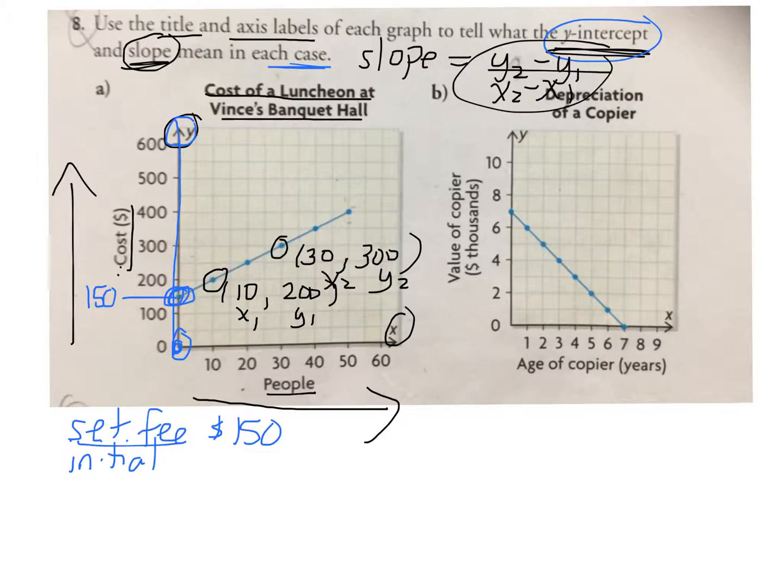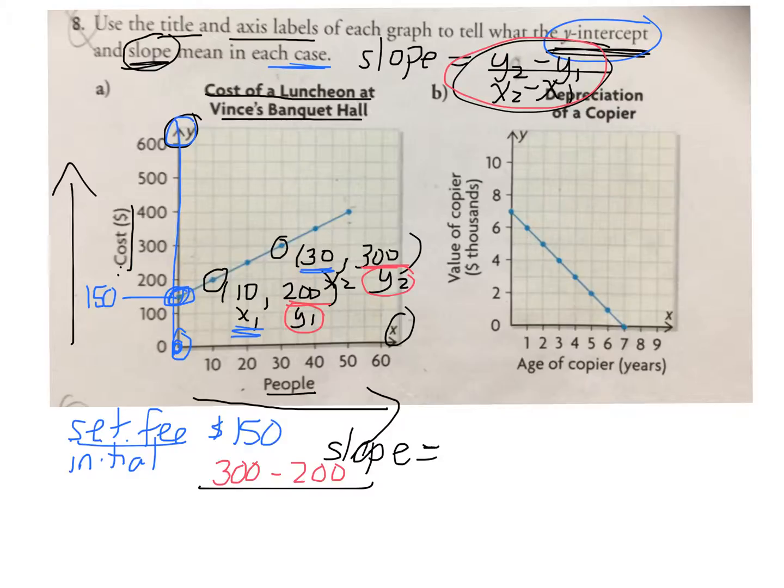I want everyone right now on your own to calculate. Plug into the formula Y2 minus Y1, so this minus this, over X2 minus X1. So 300 minus 200, that's my Y2 minus Y1, over X2, 30, minus X1, 10.